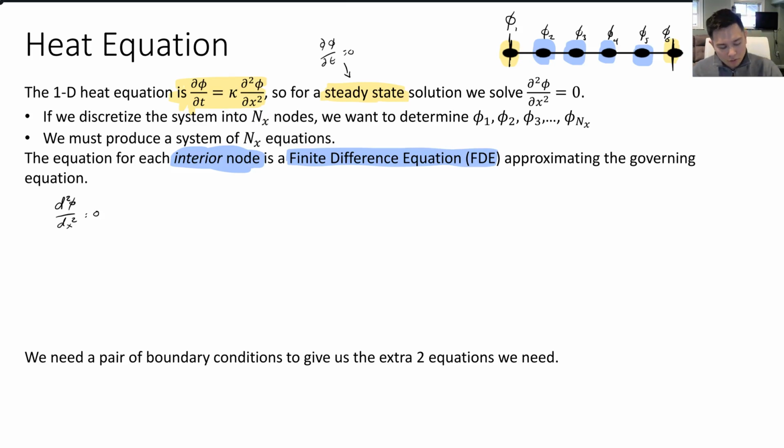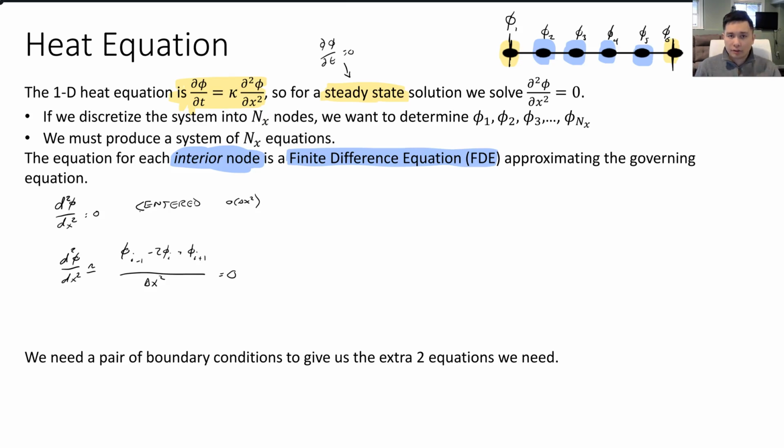We're going to use a centered, order delta x squared accurate approximation, which allows us to say that d squared phi dx squared is approximately equal to phi I minus 1 minus 2 phi I plus phi I plus 1, divided by delta x squared, is equal to 0.